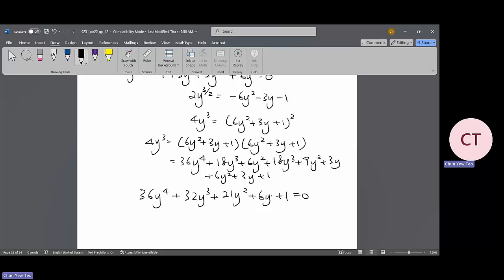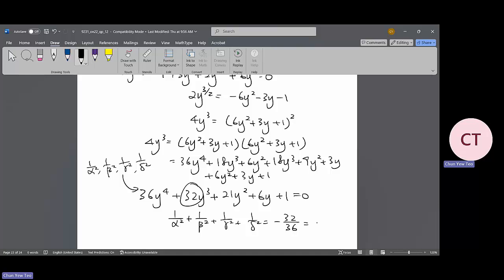So this is the new equation whose roots are 1 over alpha squared, 1 over beta squared, 1 over gamma squared, and 1 over delta squared. From the equation over here, 1 over alpha squared plus 1 over beta squared plus 1 over gamma squared plus 1 over delta squared will be negative 32 over 36.